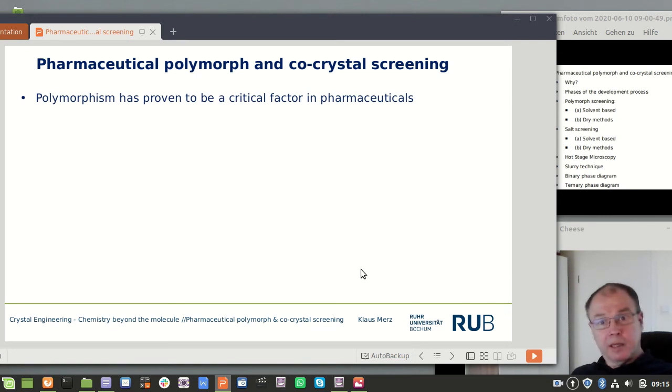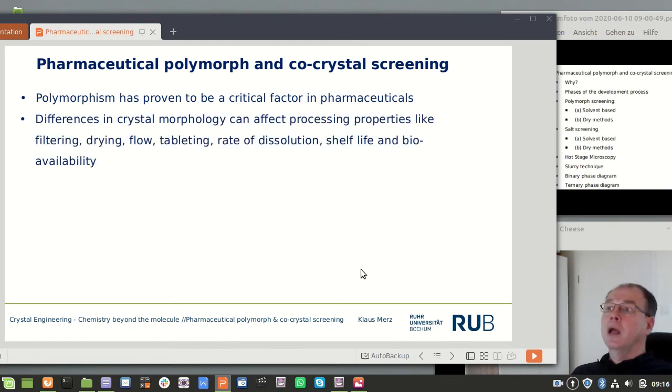Well, okay, first question is why? Why is it important to make a polymorph screening, a co-crystal screening? You remember we talked about polymorphism, and we have seen that different polymorphs can have different physical and chemical properties, solubility, bioavailability, something like this.